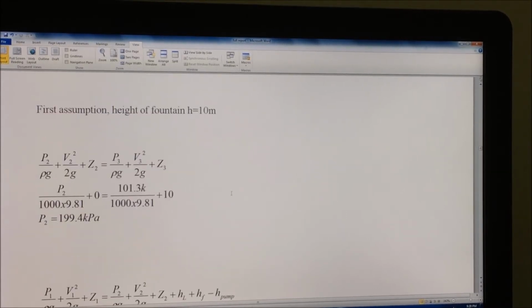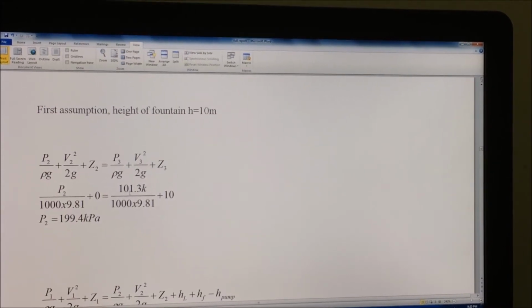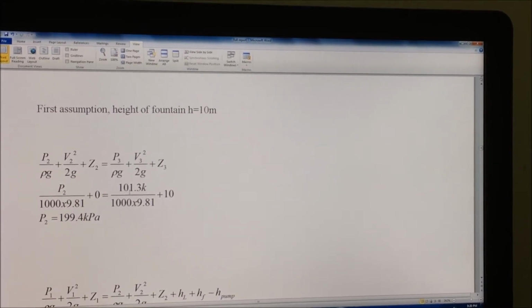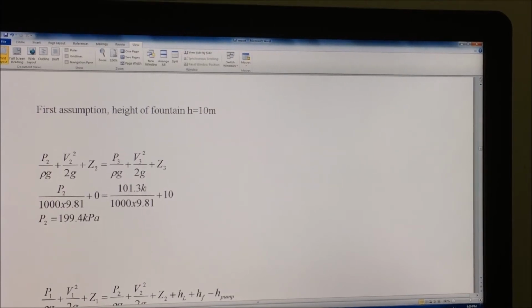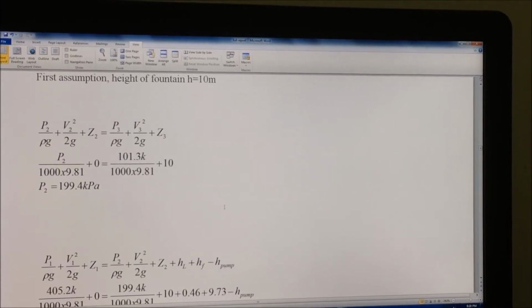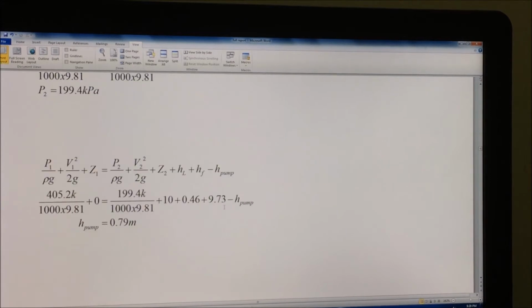In the first Bernoulli's equation, we can get that the exit of the fountain pipe, which is pressure 2, is equal to 199.4 kilopascal.